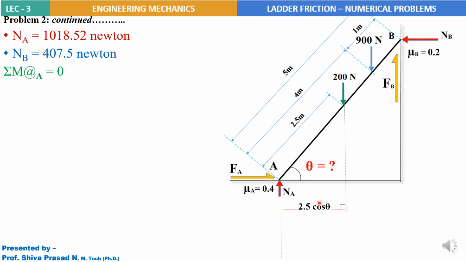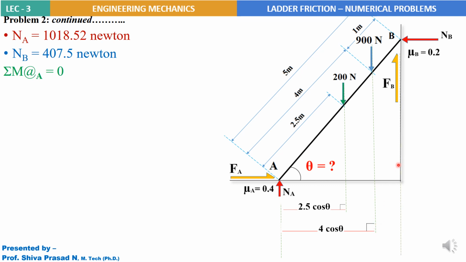I'll keep it in terms of cos theta only. So theta is the unknown here. I need to find that value only in this problem. Next, 900 Newton force. Line of action is along this line. So the perpendicular distance between A and line of action of 900 Newton force would be 4 cos theta. 4 is the hypotenuse length here. Okay, so basics of trigonometry, nothing else.